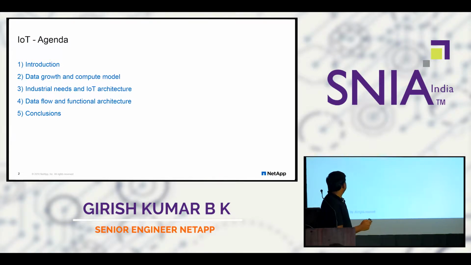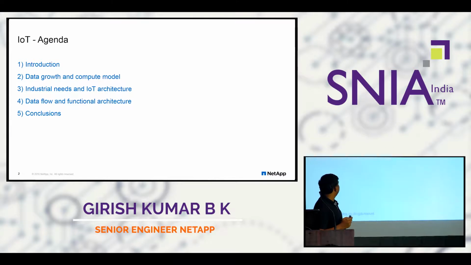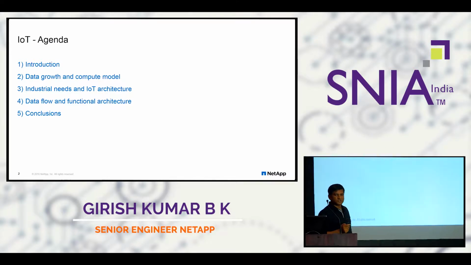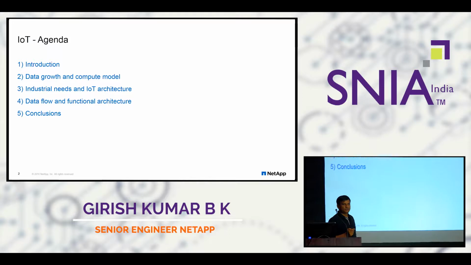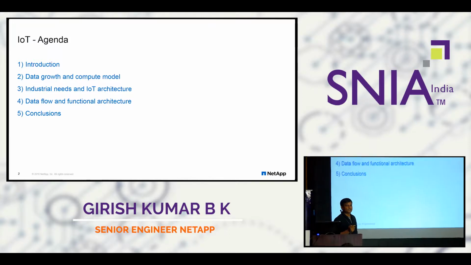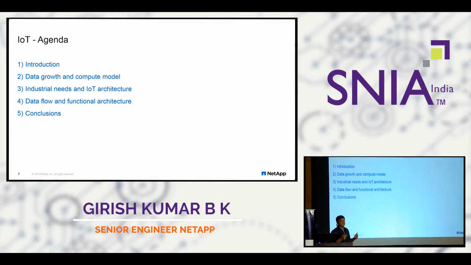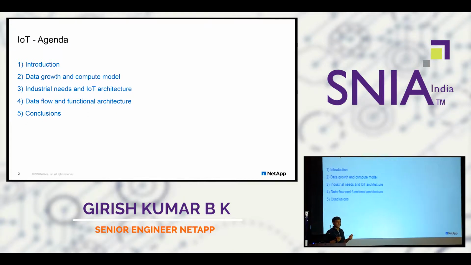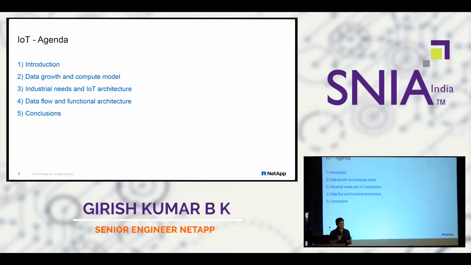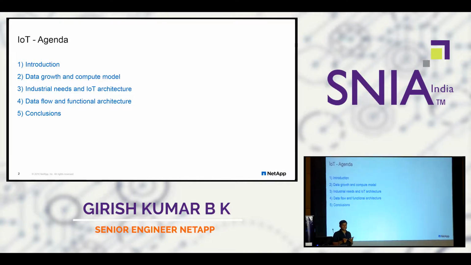So I have a brief 4-point agenda today. I'll start with the data growth. So we all know that whenever we are talking about Internet of Things, it's connected devices, right? They all are exchanging data from one device to another, and then there is an accumulation of data that's happening, and then you try to analyze that, and then get the insight that gives a value to what you are trying to achieve, right?